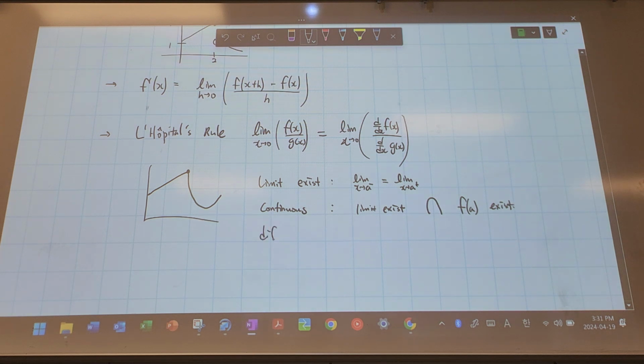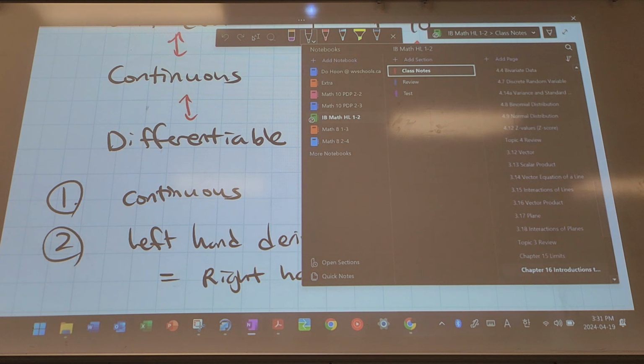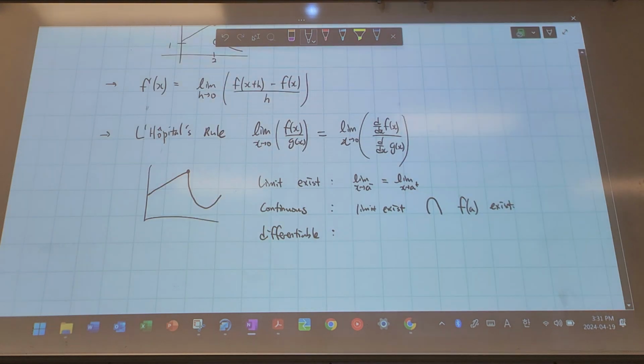And differentiable is when the condition of continuity holds, right? Yeah, continuous. And the derivative of f of x is the same on both sides. So if you take the limit from the left-hand side, and if you take the limit from the right-hand side, they're still the same.